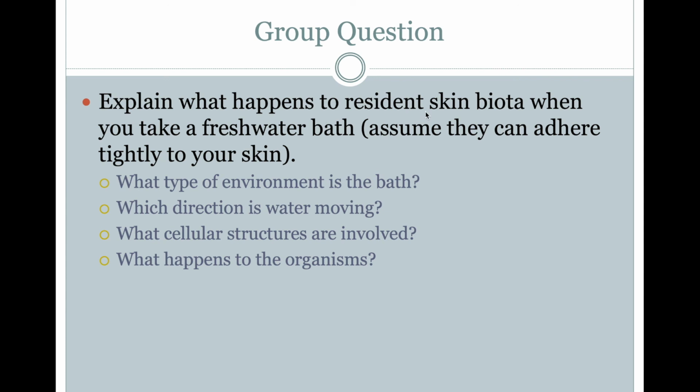Bacteria who are resident have evolutionarily adapted to our skin, which is very salty, so they probably have a higher solute concentration inside them anyway. And when you put these guys in this hypotonic environment, then you can start thinking about what would be the result of this scenario.